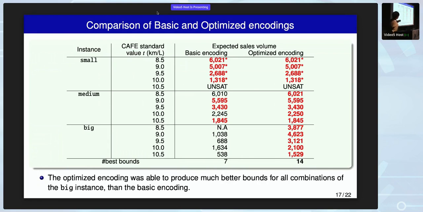For each combination, the better bounds are highlighted in red. An asterisk indicates the value is optimal. The optimized encoding was able to produce much better bounds for all combinations of the big instance than the basic encoding.